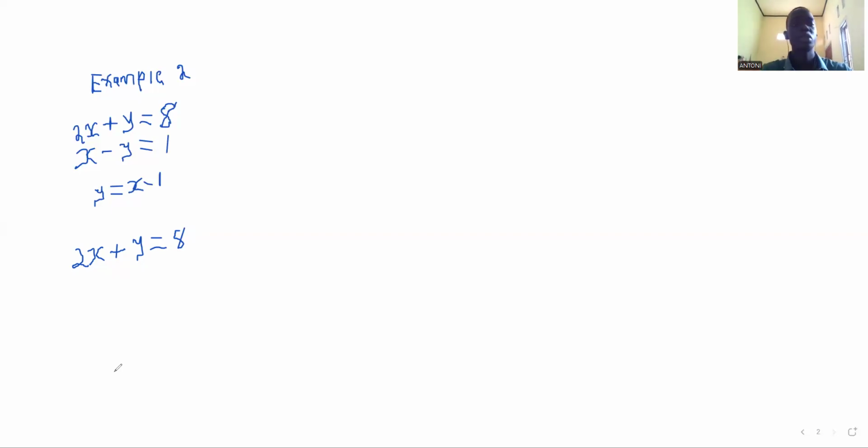And since we get y to be x minus 1, now we substitute where there is y, you put x minus 1.